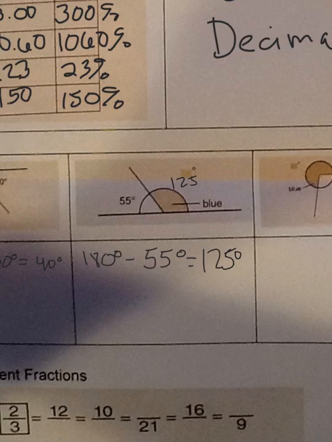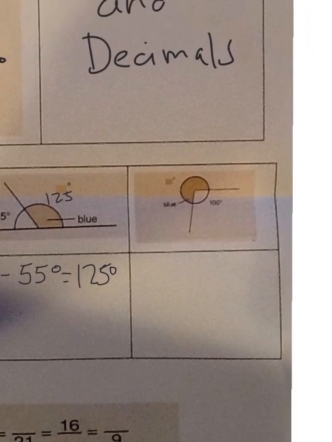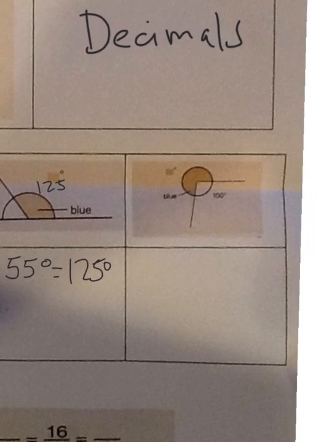Let's try one more. If we look over here, we can see that we are given a 100-degree angle. And we are trying to determine this unknown angle.